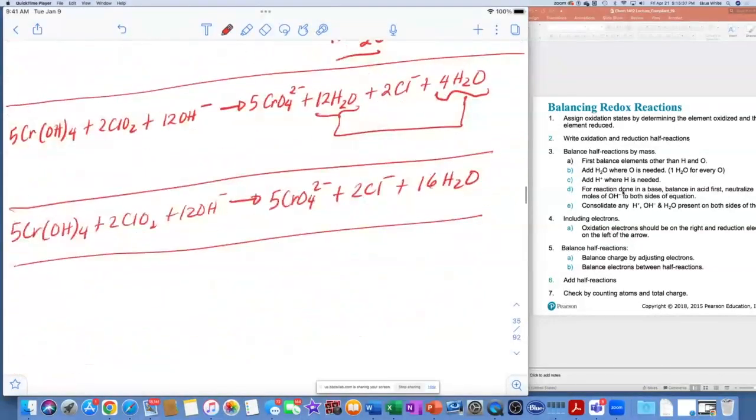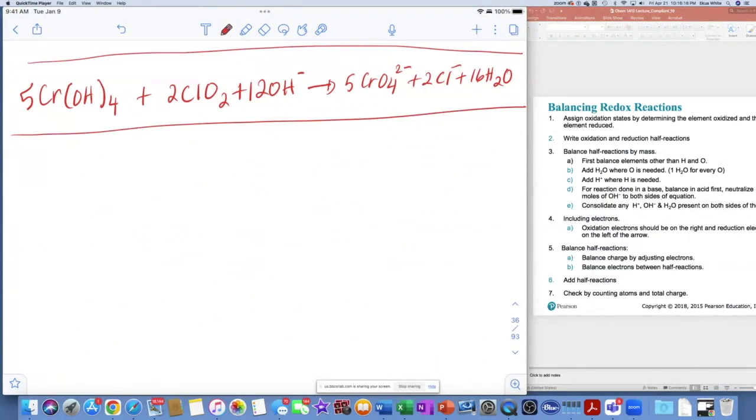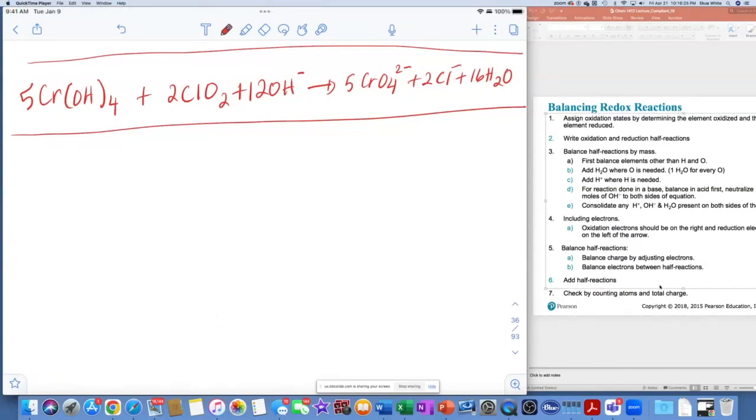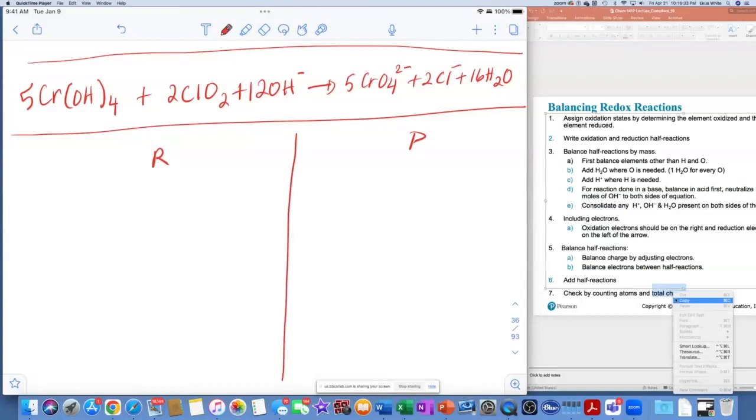This looks like it's balanced in base, but let me double check. Once again, you want to make sure that the number of atoms are equal on both sides of the yield arrow, and the total charge is the same. So I'll start with the reactant side versus the product side. Remember, these have to be the same. Let's start with the charge.